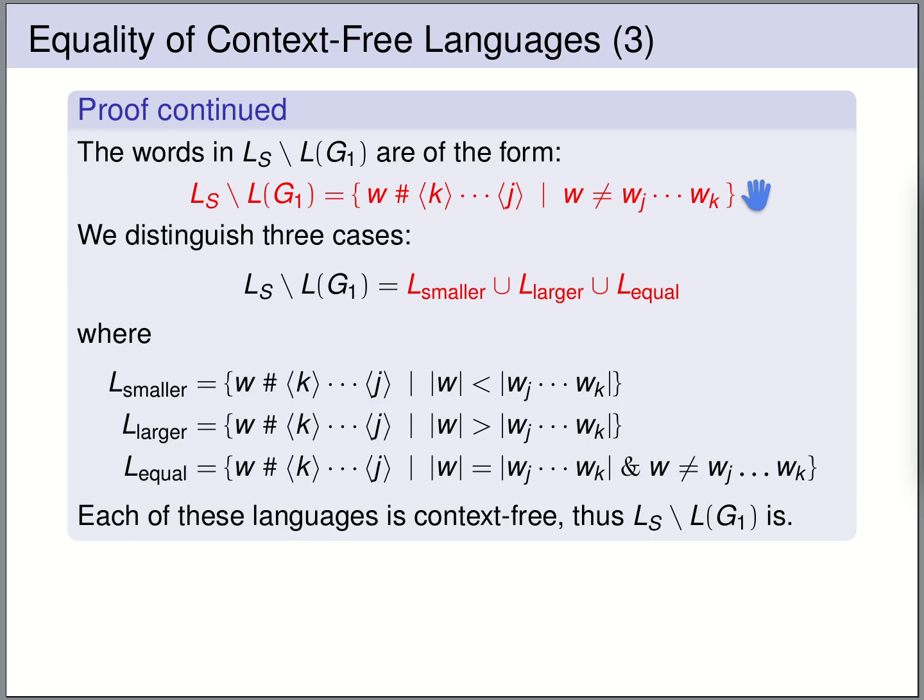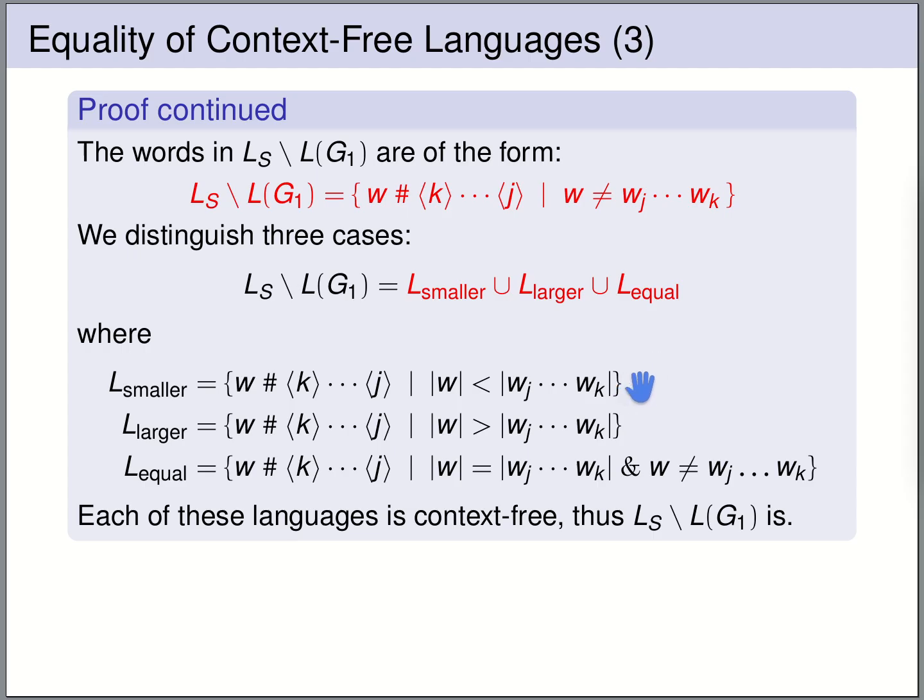So we are now going to show that this language is context-free. And the crucial observation is that we can split it into 3 languages. We know the union preserves context-freeness, so it suffices that each of these 3 languages is context-free. The first language, L smaller, is the language of those words where the length of w is smaller than the length of the concatenation of wj to wk.